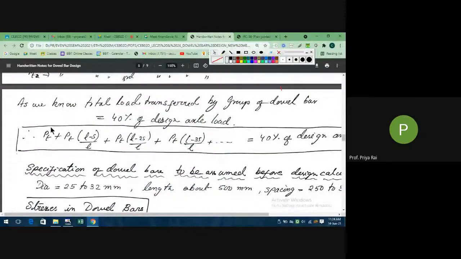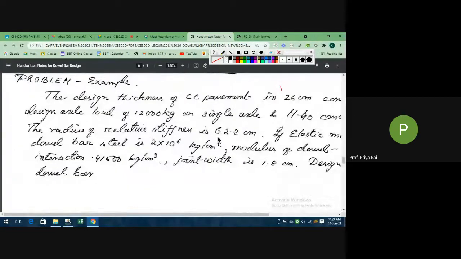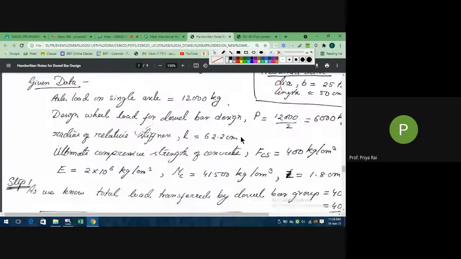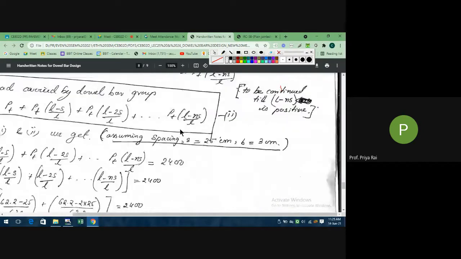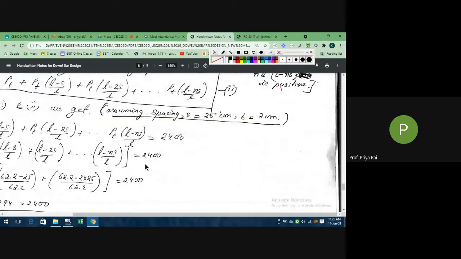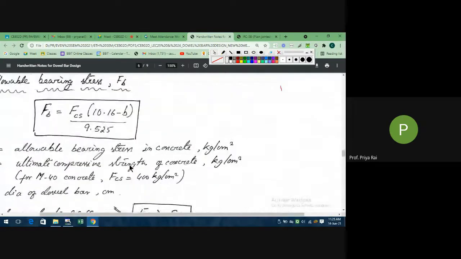L is given as 62.2. And assume spacing in this range, see, 25 to 30 centimeter. Spacing between 25 to 30 centimeter and L is 62.2. Here I have assumed S as 25. So let us calculate.